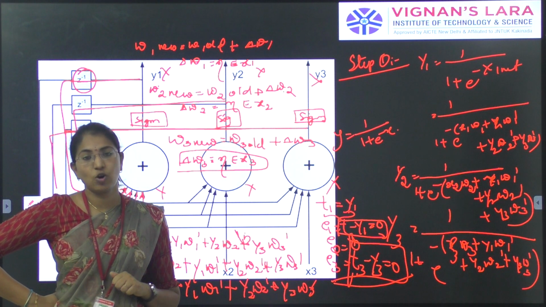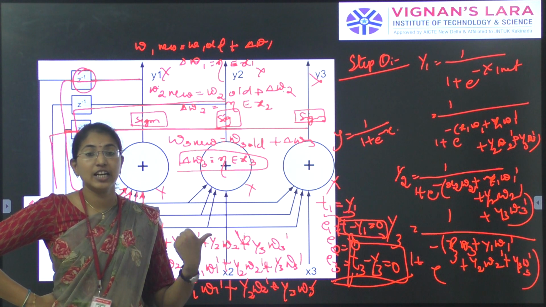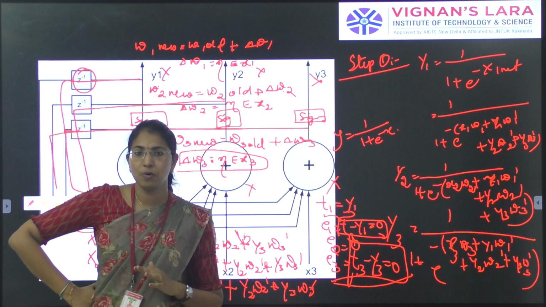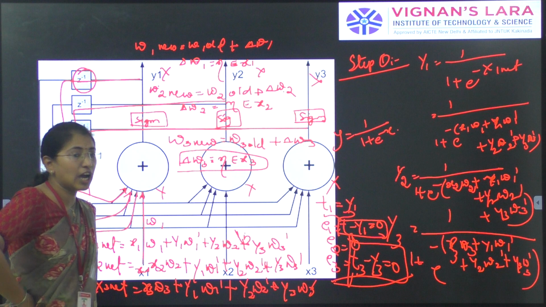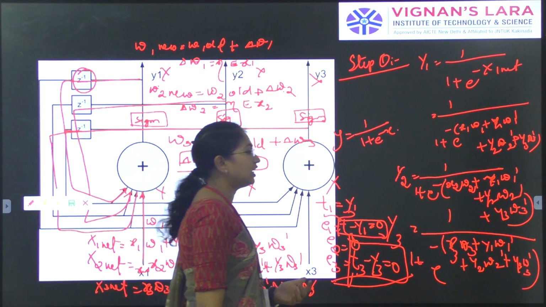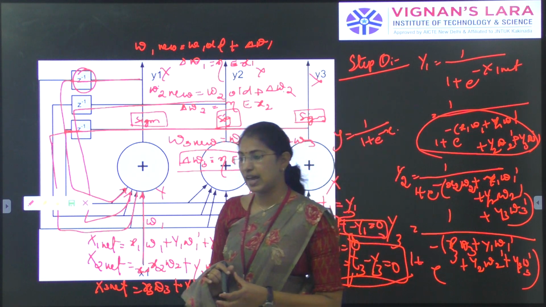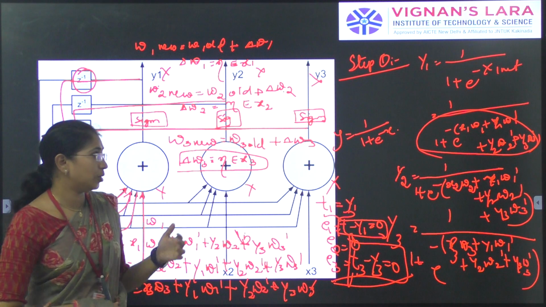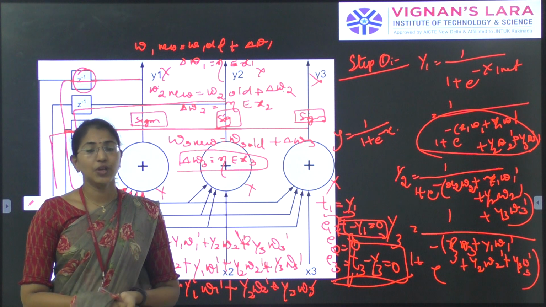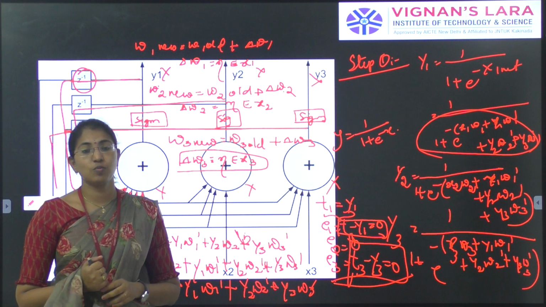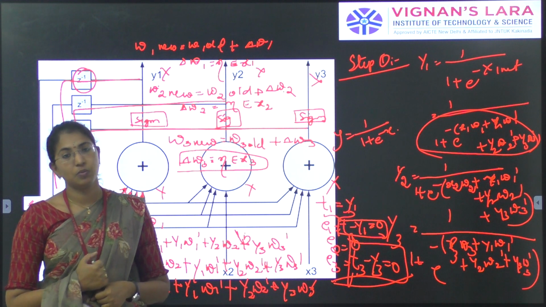If the condition is not satisfied, you need to update this until the error becomes nearly equal to 0, not exactly 0. So this is about the continuous Hopfield network using continuous activation functions like the sigmoid activation function, or even the bipolar sigmoidal activation function like 1 by 1 plus e power minus x minus 1.